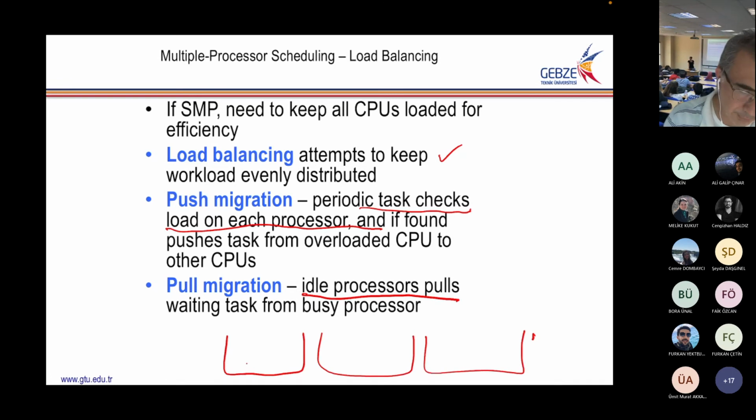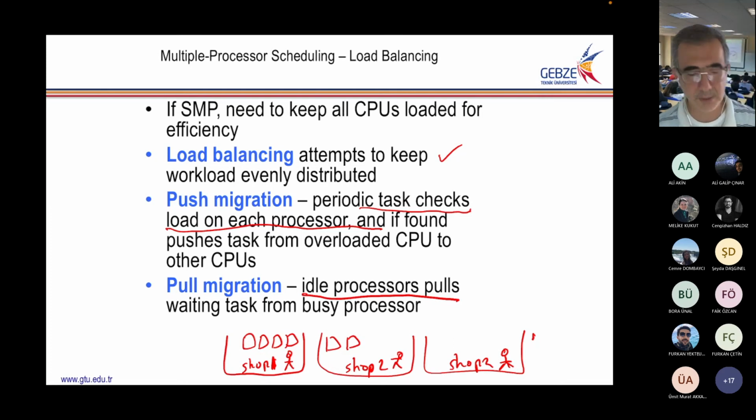You can think of it as like multiple shops. Shop 1, shop 2, shop 3. There are cars here, too many cars here, one car here, and no car here. And there is a mechanic here, another mechanic here, another mechanic here. So although these are different shops, they have some kind of agreement.